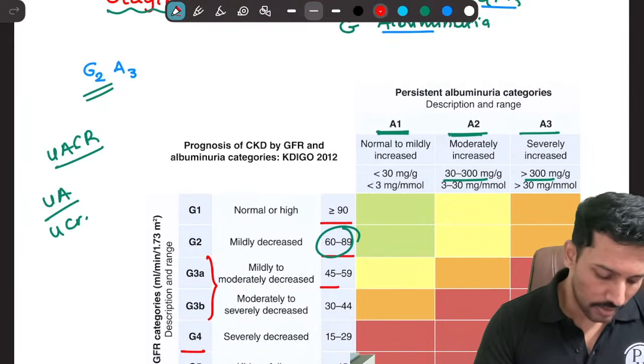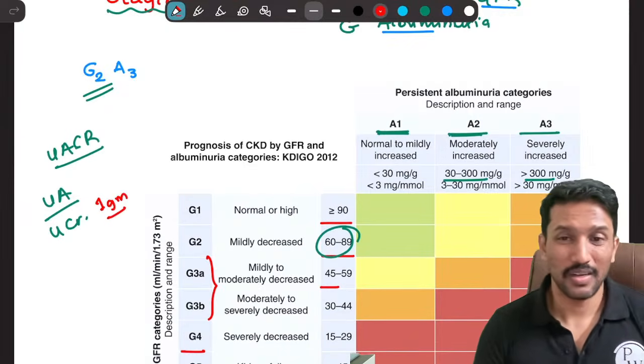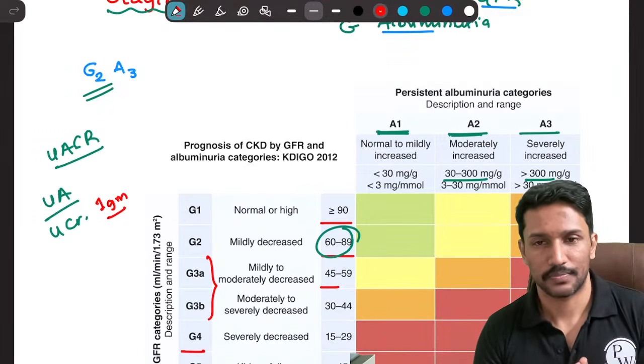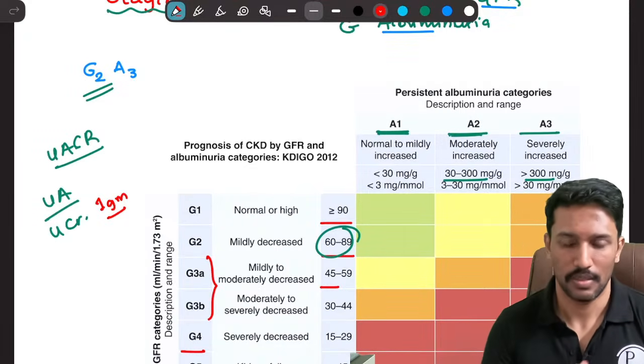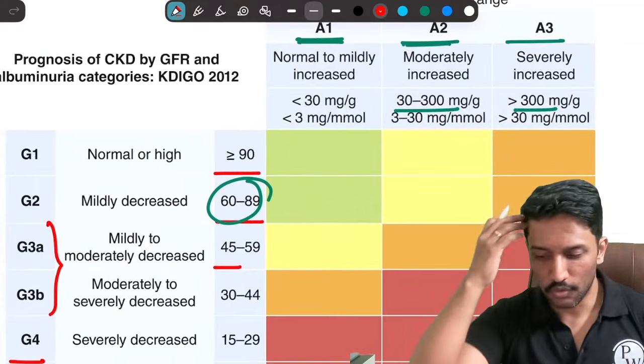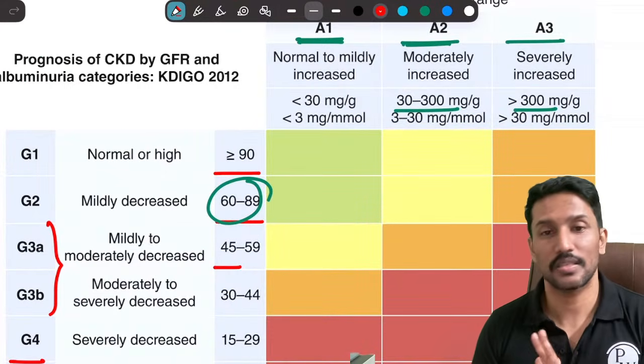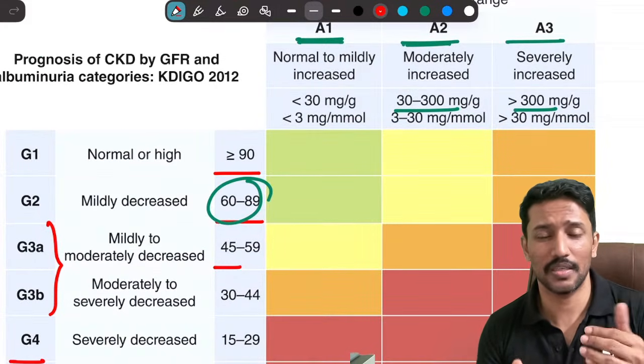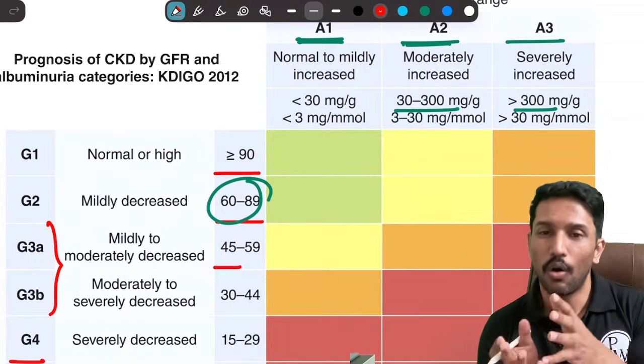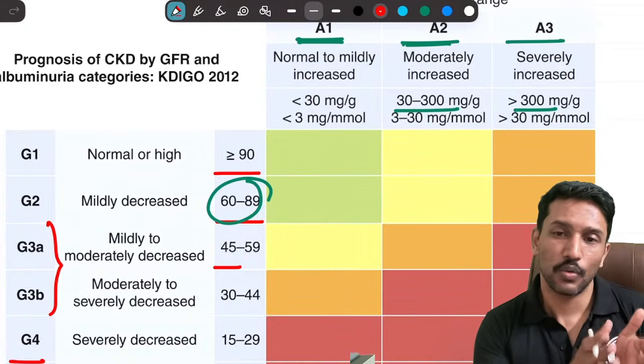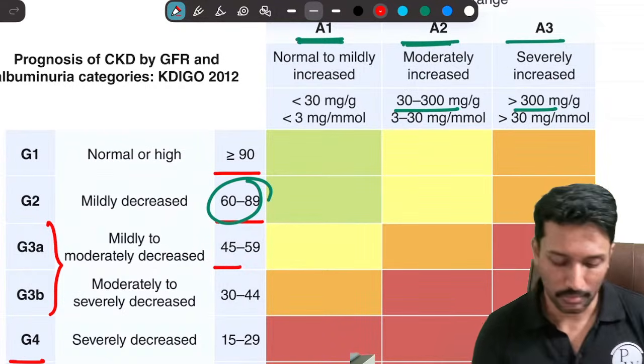So for every 1 gram of creatinine lost in urine, how much albumin you are losing? That's what UACR stands for. You don't have to give too much of stress to your brain because the numbers are same. Whether you're expressing it as 24-hour urine albumin or you're expressing it as urine albumin creatinine ratio, the numbers are same.